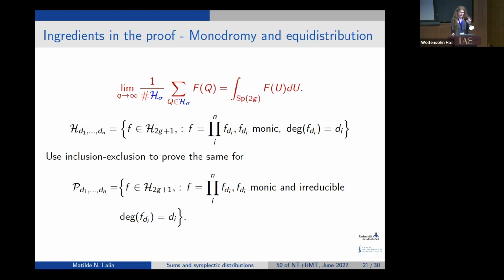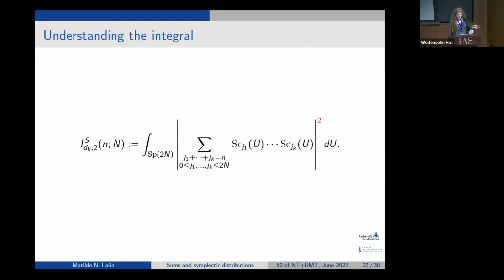So this finishes the ideas in the proof. Now what we want to do is understand this integral better. Again, I remind people that we don't need the absolute value, but we do need the square.